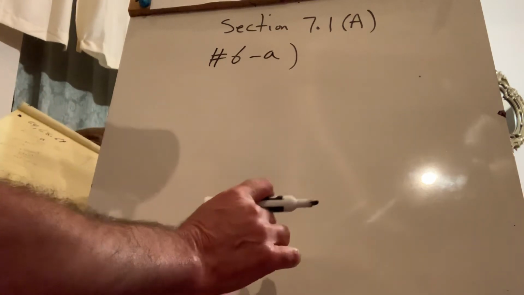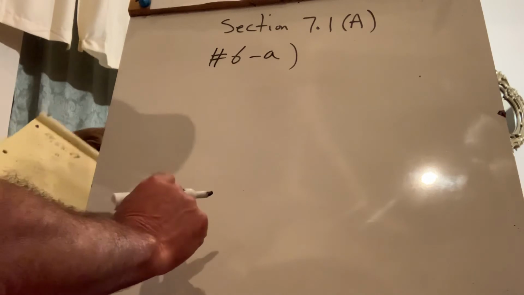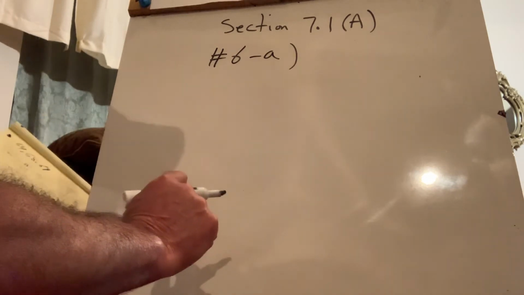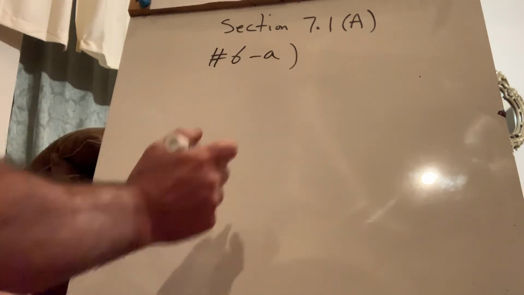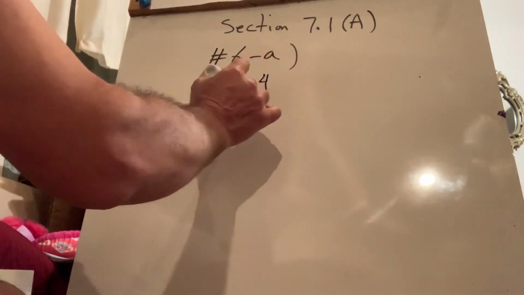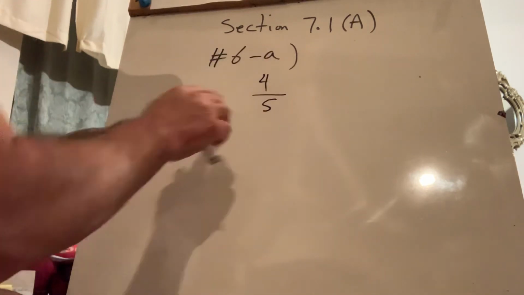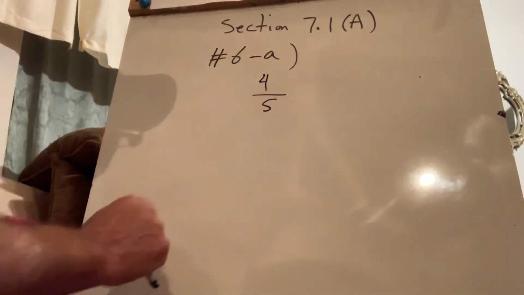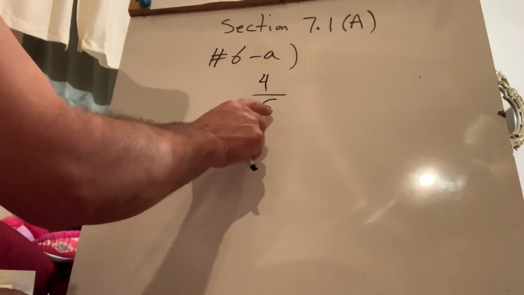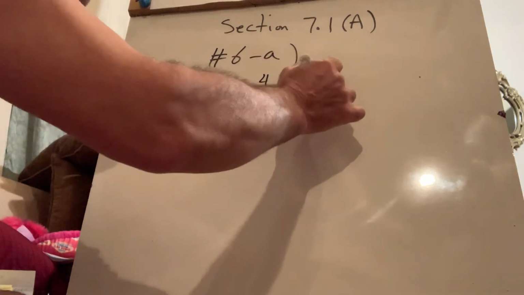If any other factor appears in the prime factorization of the bottom, it is not going to be a terminating decimal, okay? So let me put the example real quick and then we check it. For example, the first one is 4/5. So this is going to be terminating because the denominator only has, of course, the factor 5, which is what the rule says. As long as the bottom only has prime factors 5 or 2, then we say yes, this is going to be terminating.